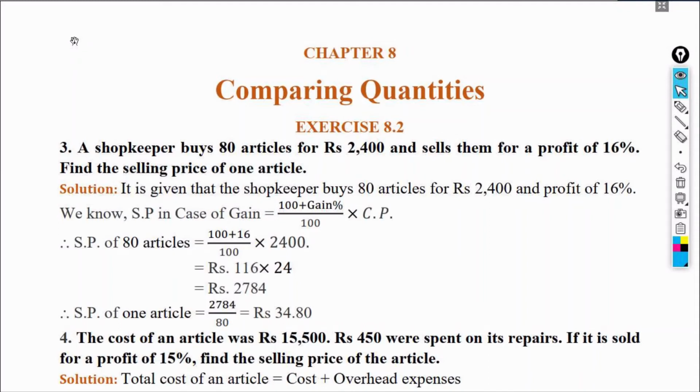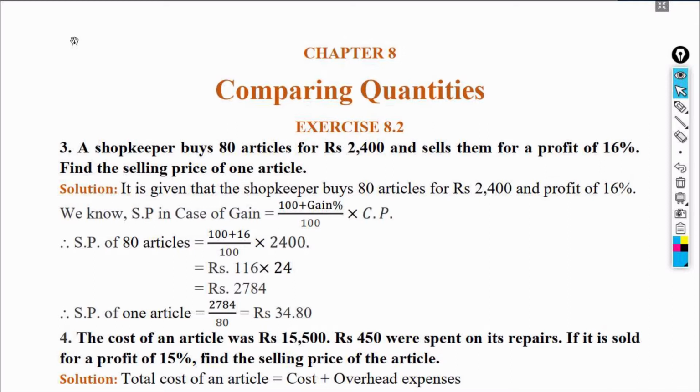Students, now in exercise 8.2, question number 3: a shopkeeper buys 80 articles for rupees 2400 and sells them for a profit of 16%. Find the selling price of one article.